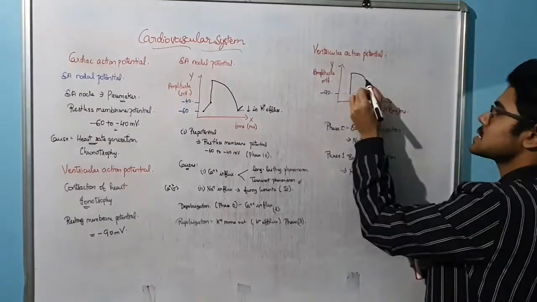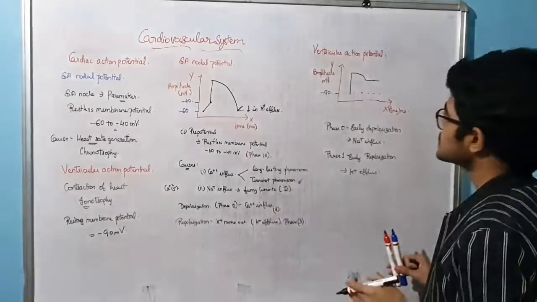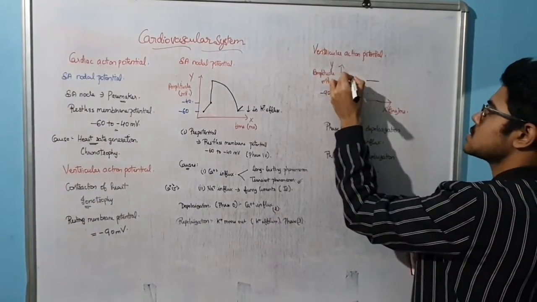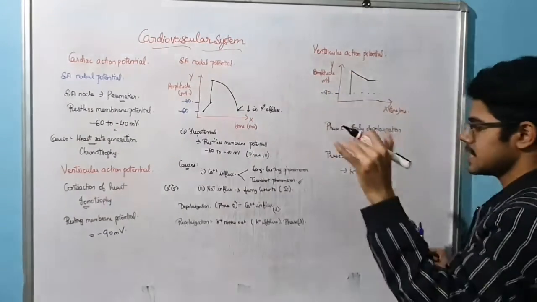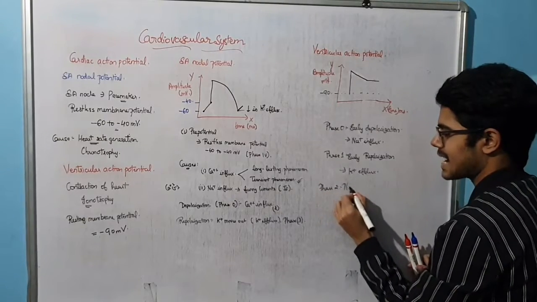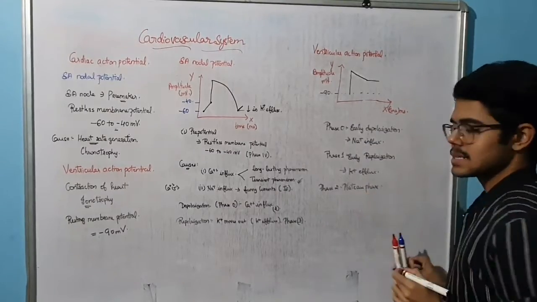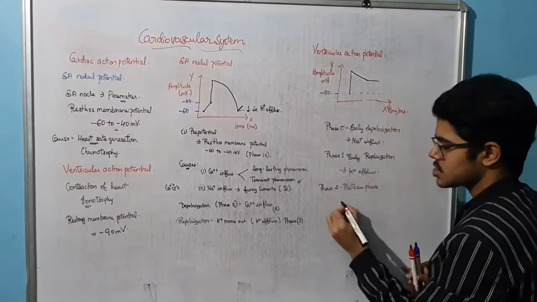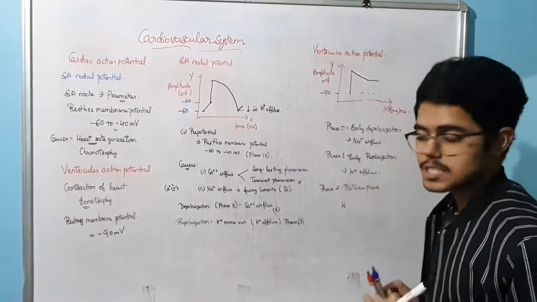Next, what really happens? There will be a plateau phase, a steady phase, that is phase 2. Let me draw it like this. In this plateau phase, what really happens? Listen carefully. Two ions are important for this plateau phase, potassium as well as calcium.